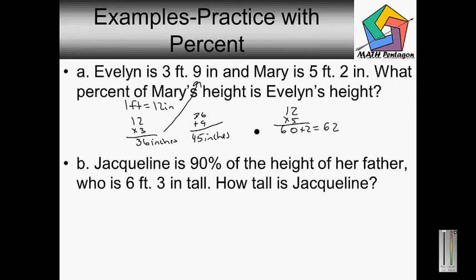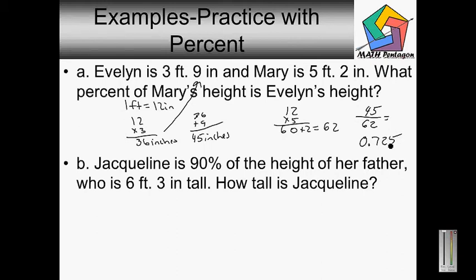So Evelyn would go in our numerator, 45 inches, and Mary would go in our denominator as 62 inches. And what we do is 45 divided by 62, which is going to give us on our calculator 0.725.